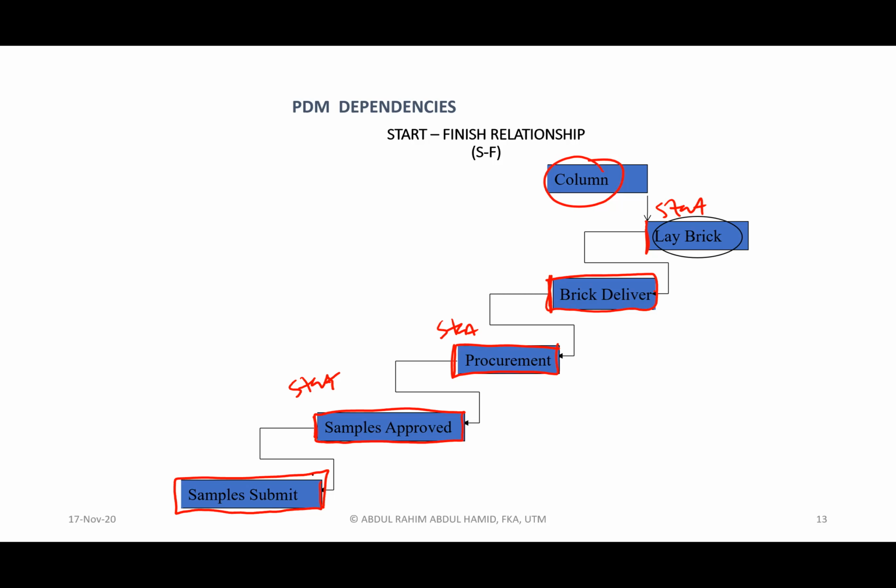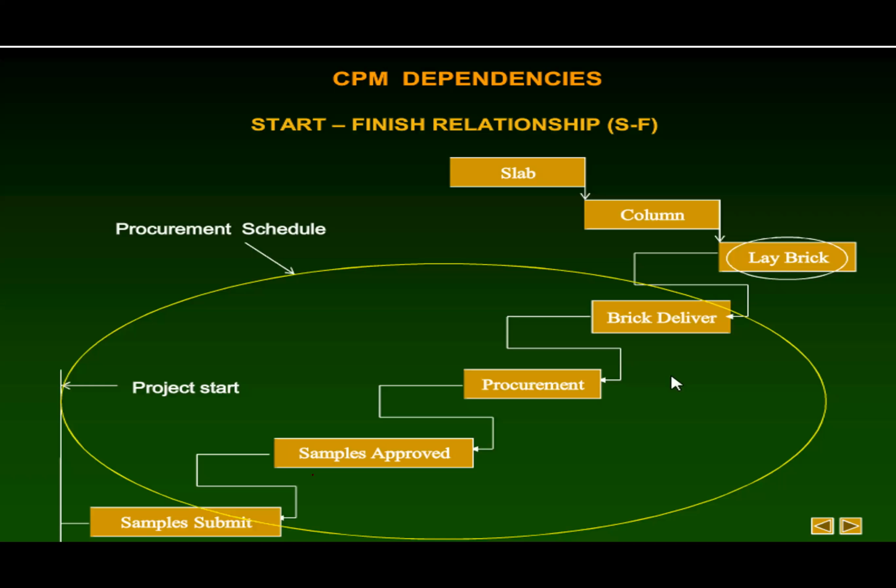That is the example. So normally, start to finish relationship is used for procurement scheduling, or even for ISO, or what we call quality control procedure.